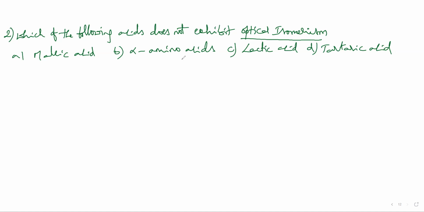Optical isomerism means you should have at least one chiral center, that means 4 different substituents. Let us see malic acid. Malic acid is this.